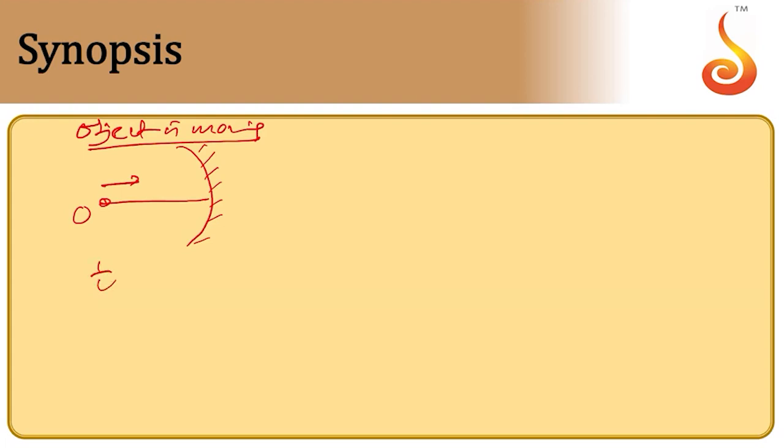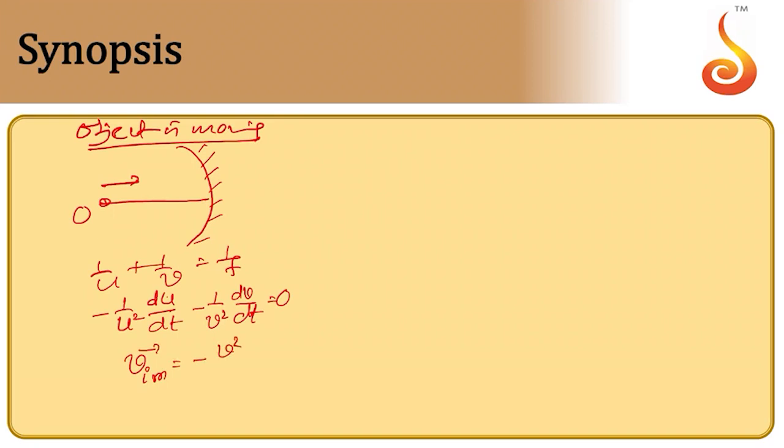So, I can write 1 by U plus 1 by V is equal to 1 by F. Now I can differentiate it with respect to t. So, I will get minus 1 by U squared dU by dt minus 1 by V squared dV by dt is equal to 0, or the velocity of the image is equal to minus V squared by U squared times the velocity of the object.